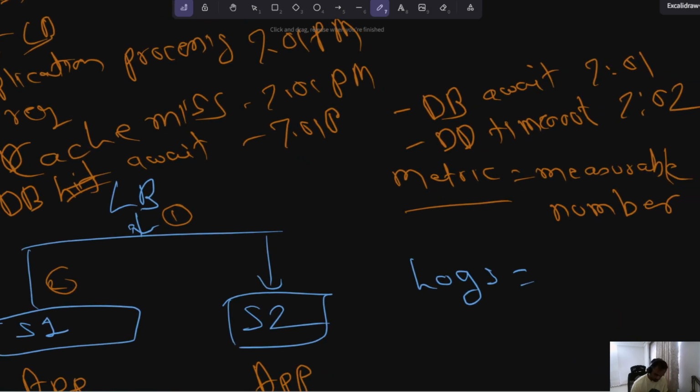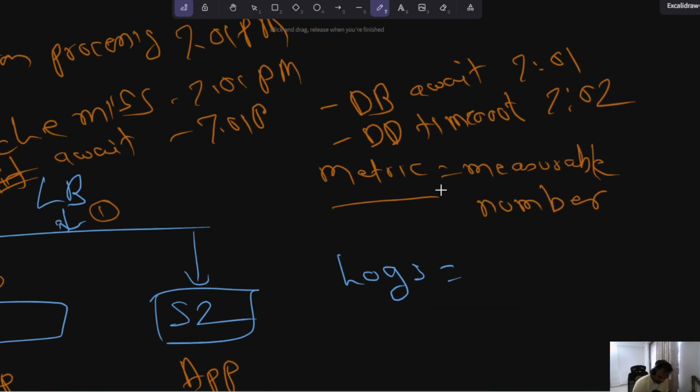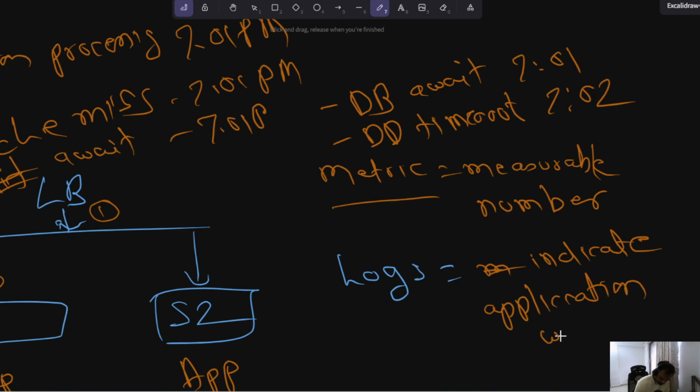These are called logs. So metrics is a measurable number. Logs indicate the application workflow. That is what is happening in the application.